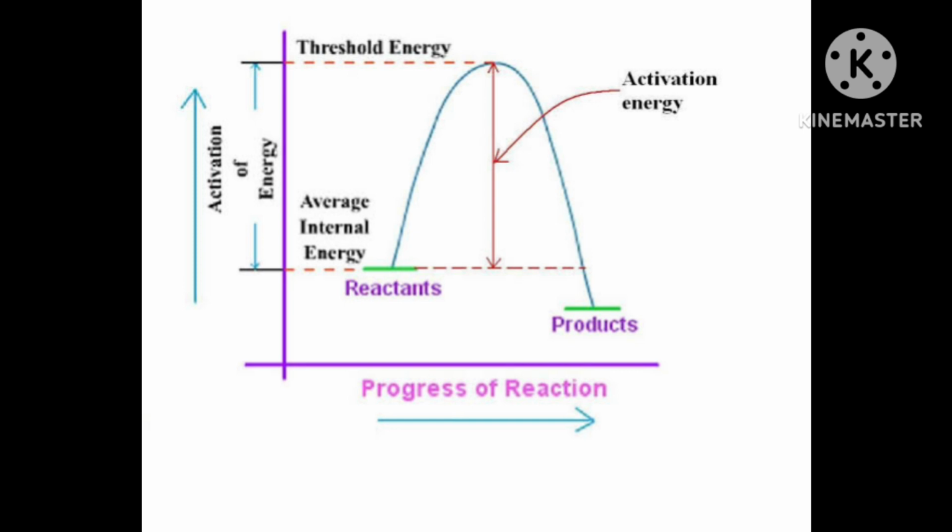Then where will it stop? If the product requires less energy, then it will come down, because coming below A means the potential energy is less than A. It means what? The excess energy it will release.